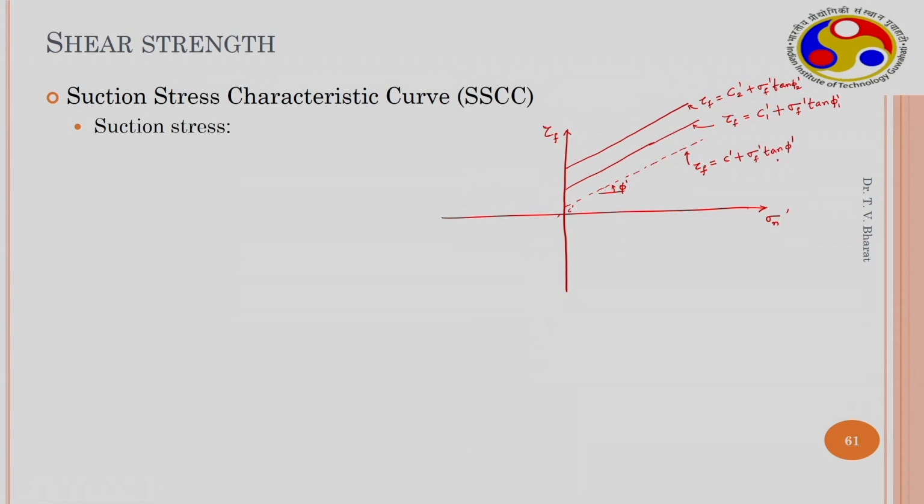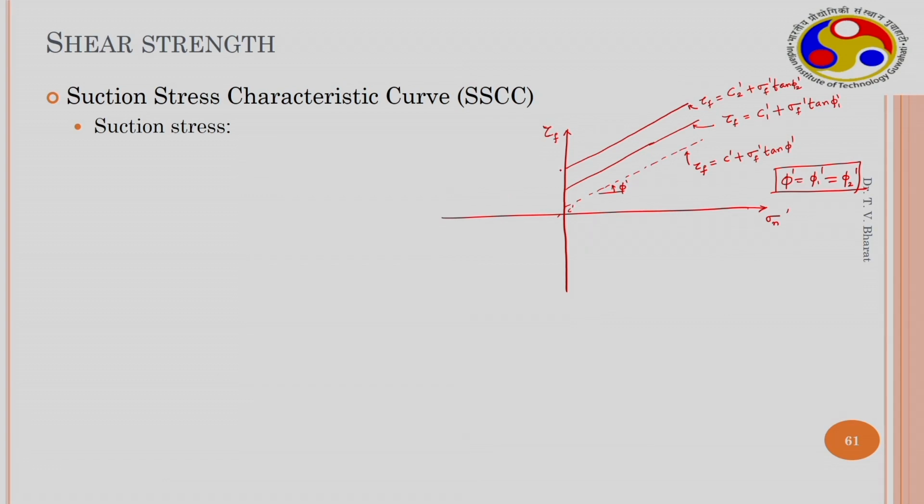However, we have observed from the experimental data that phi dash equals phi 1 dash equals phi 2 dash, that all these lines are parallel to each other. So, this is an experimental observation. The angle of internal friction is a material constant, it does not depend on the suction, and is constant.